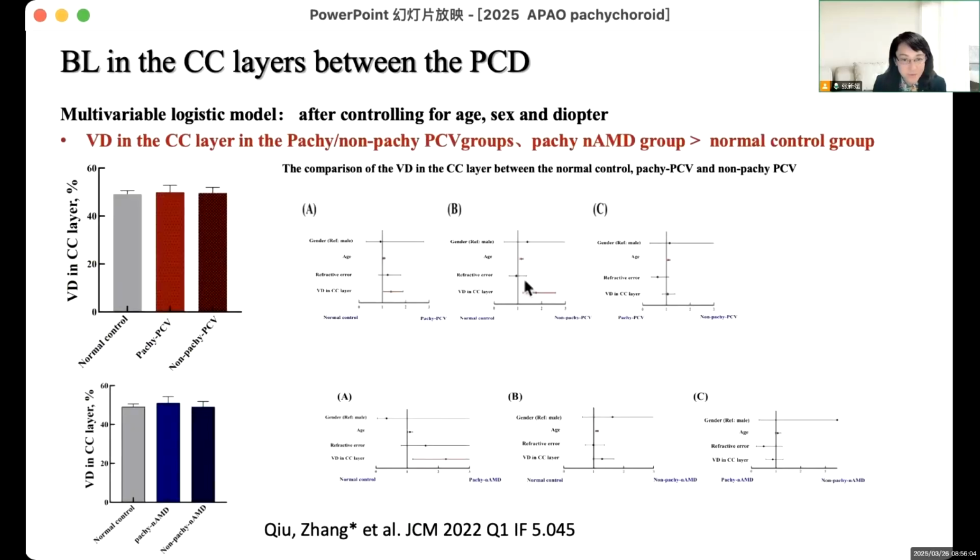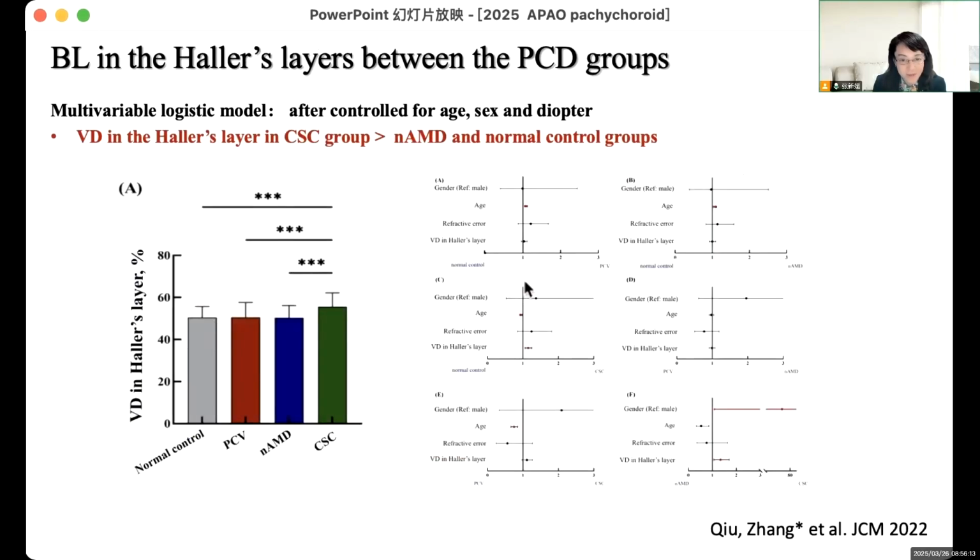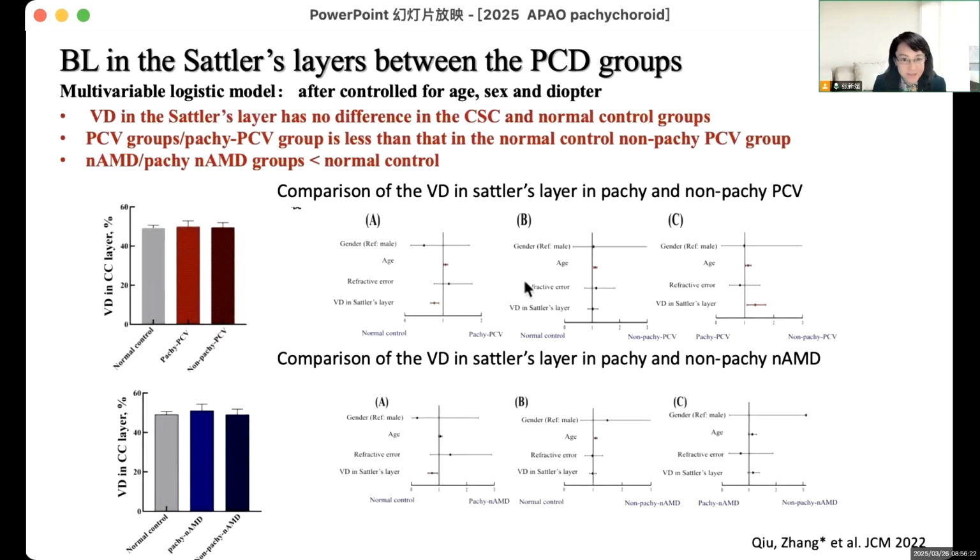The multivariable logistic models found that after controlling for age, sex, and diopter, the blood flow in the CC and Haller's layer in the pachy and non-pachy AMD, PCV, and CSC groups is significantly higher than that in the normal group. But for the Sattler's layer, the blood flow has no difference between the CSC and the normal groups, while the PCV and the neovascular AMD groups are significantly lower than the normal group.